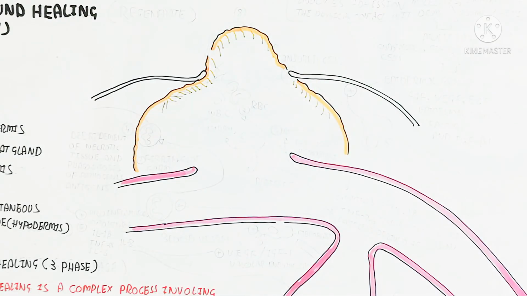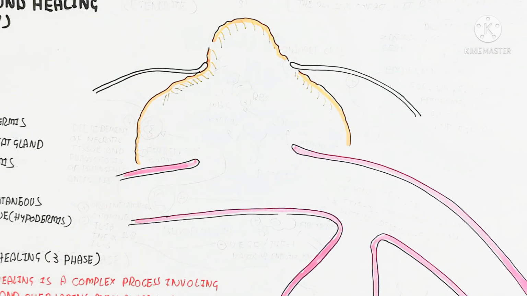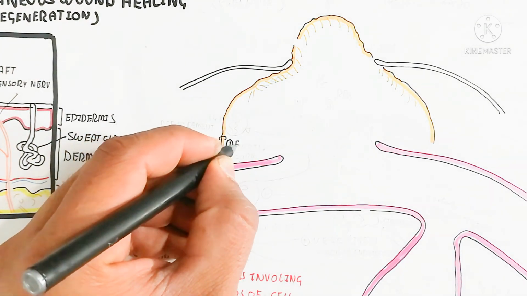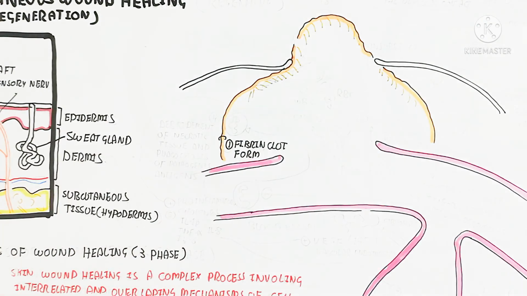Here is the scar tissue formation. On the other hand, here is the injured cell, that is the wound. Number one, the fibroblast produces the fibrin clot formation. After the fibrin clot formation, the second step is restoring the local hemostasis.